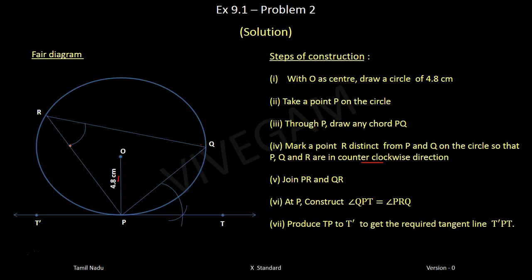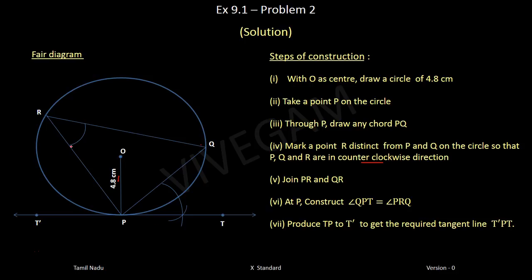With that as a radius and this point as a center, draw another arc cutting the first arc. That will cut at one point; join P and that point of intersection and extend it. That becomes a tangent. So this is how we draw the angle QPT, which is equal to PRQ.